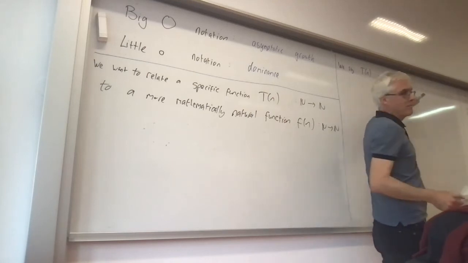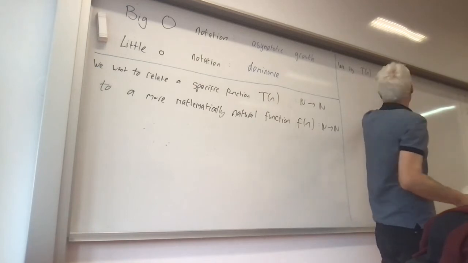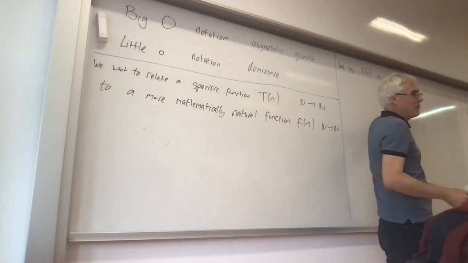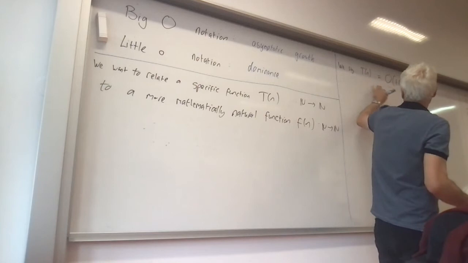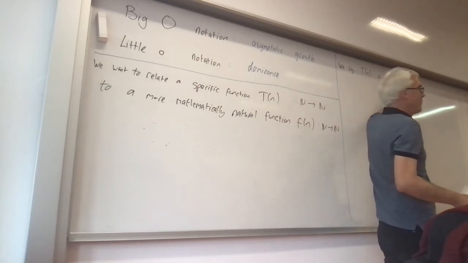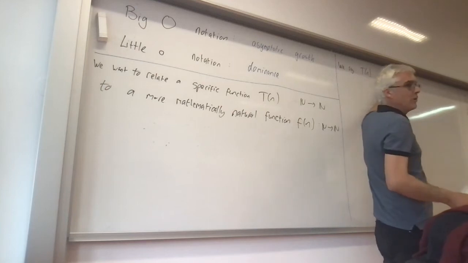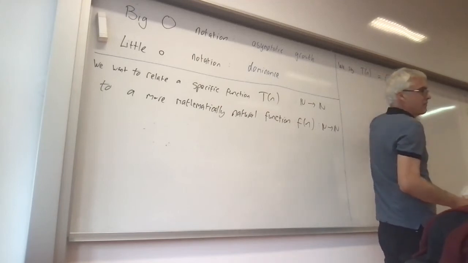But the n isn't playing any role, except it's only reminding us that T and f are functions. That's the only role played by n here. And it's not a fixed number, it's a variable. But it's the function T belongs to the class of functions that are big O of f. And the equals here, well, it's really membership. The function T belongs to this class of functions.